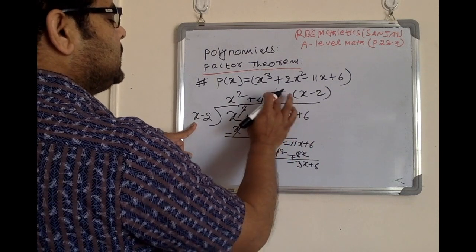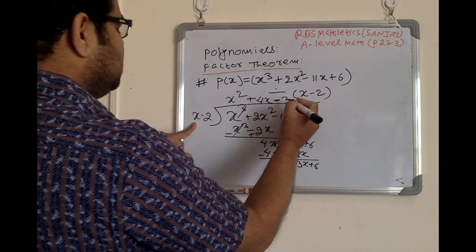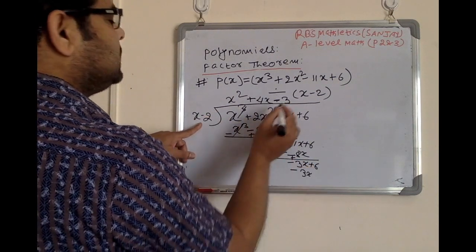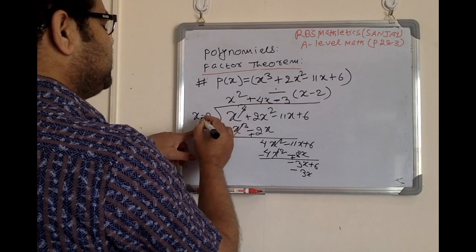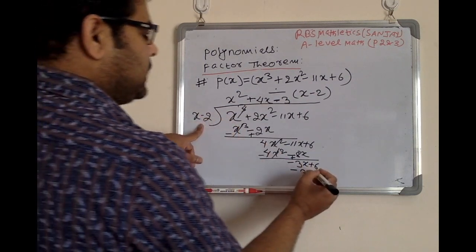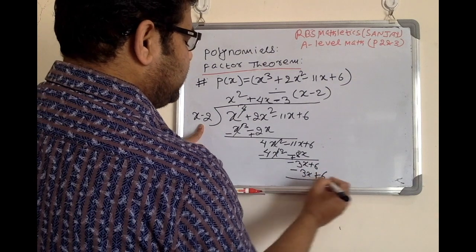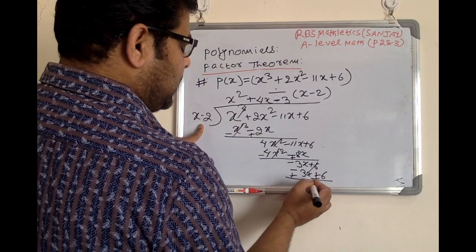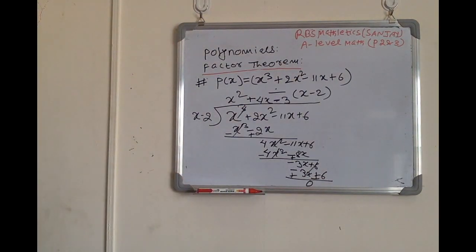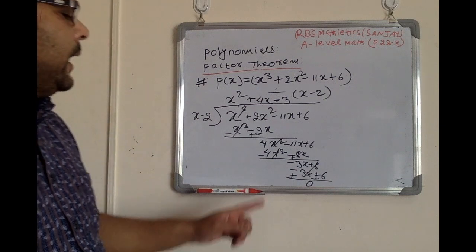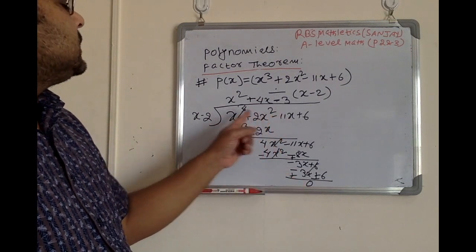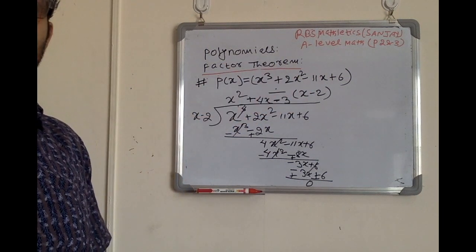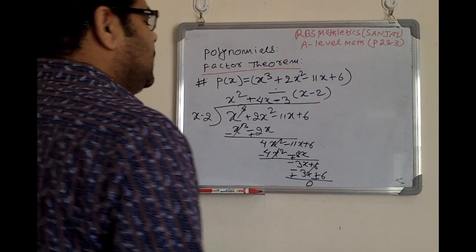Minus 3 times x is minus 3x, and negative times negative makes plus, so it is plus 6. Both the terms cancel, and you are left with the remainder 0. As the remainder is 0, therefore x minus 2 is a factor of this polynomial.